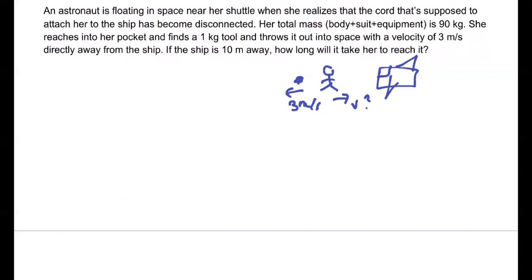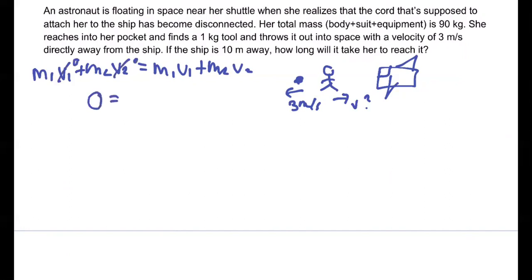Now, if we talk about an explosion, we know that m1v1 plus m2v2 equals m1v1 plus m2v2. This is just our conservation of momentum equation. However, if the velocity is 0 at the beginning for both, this gives me 0 momentum equals mass 1.